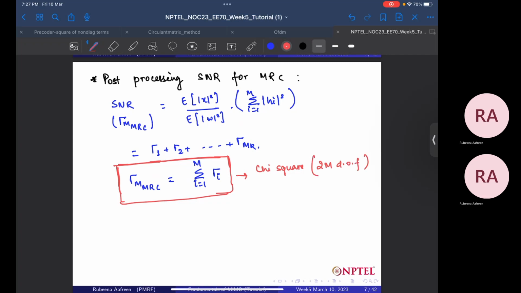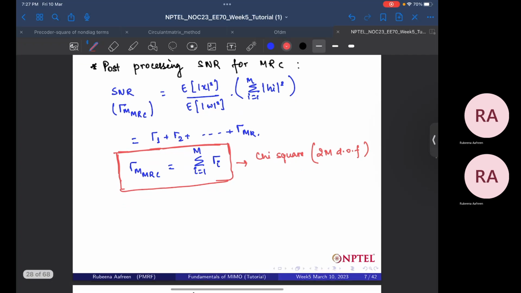Okay, in selection combining Mr into Mt degrees of freedom were there. Okay, so now suppose we have to find the average post processing SNR.